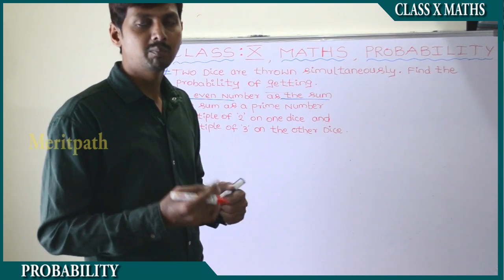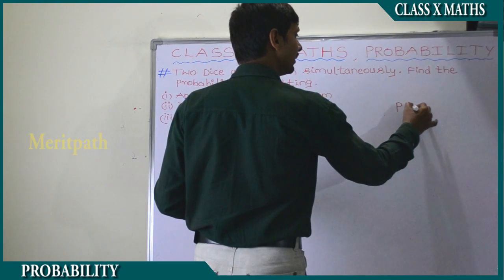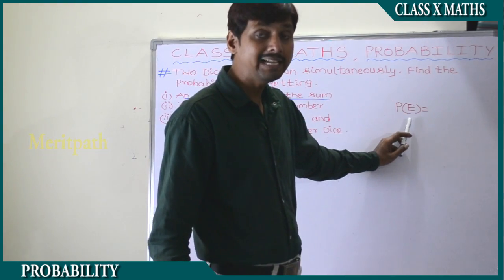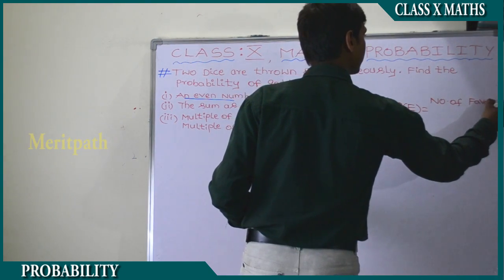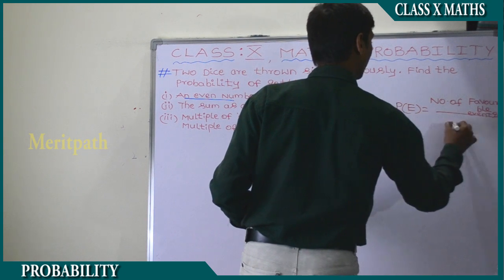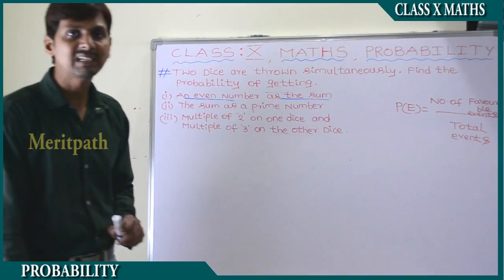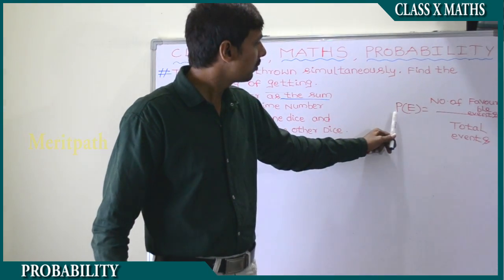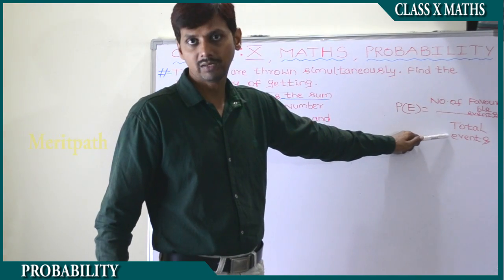The probability of an event, as we discussed in the previous class, is the number of favorable events divided by the total number of events. P of E is the probability of an event.